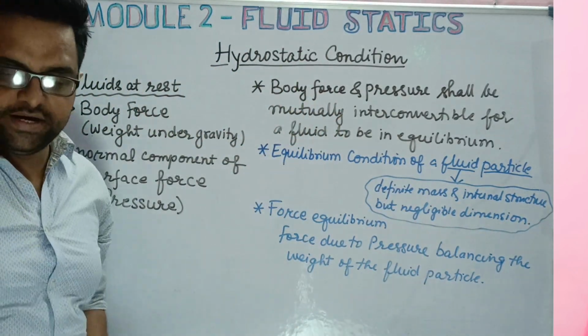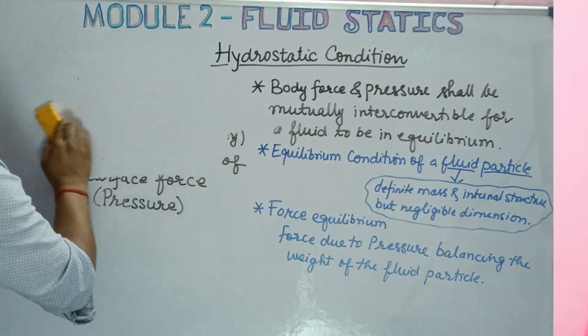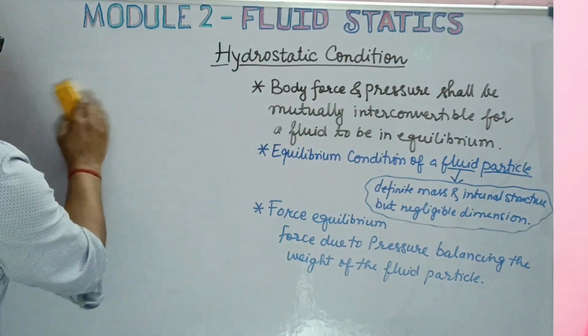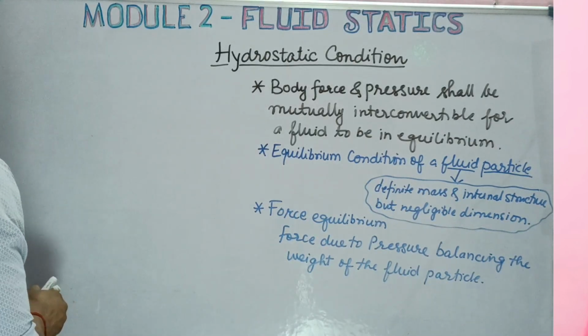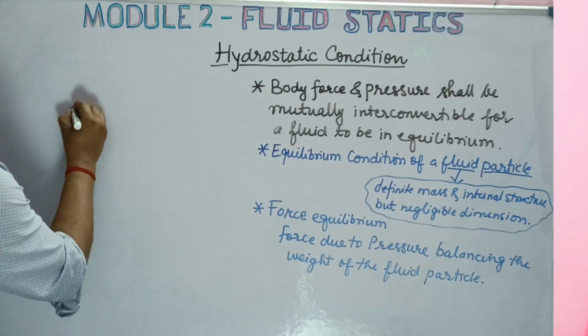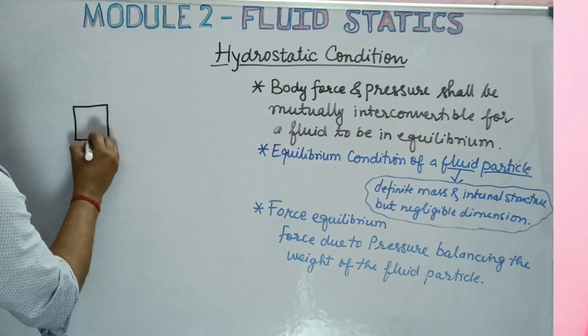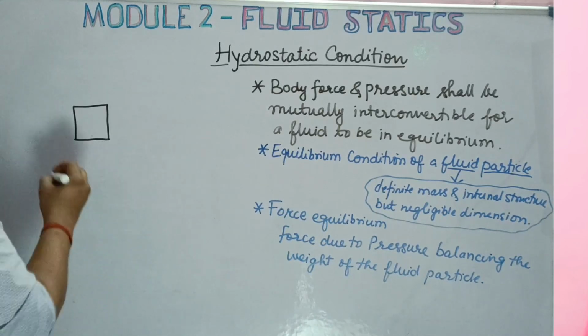Now this may be demonstrated. Let us assume that there is a fluid particle in a fluid at rest. So let us say that this is a fluid particle, and it is of course in a fluid which is at rest.